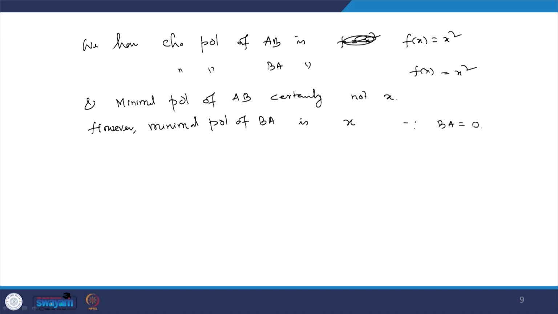So we see that even though both AB and BA have the same characteristic polynomial, I mean the same eigenvalues, the minimal polynomials of the two matrices are different. Let me consider one more nice problem, please.